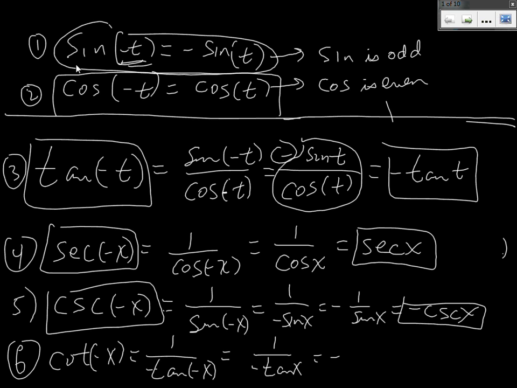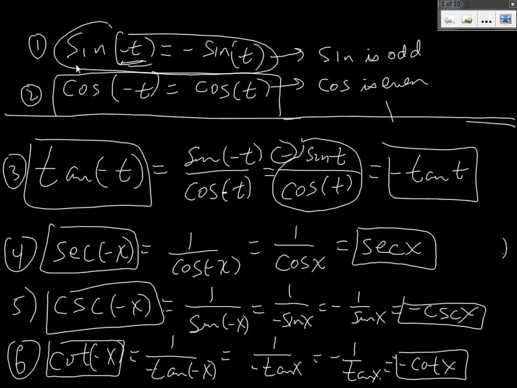And that's the same as negative 1 over tangent x, but 1 over tangent x is cotangent x. That is, just like the tan function, the cotangent is odd.